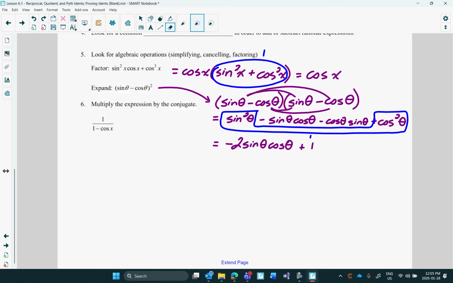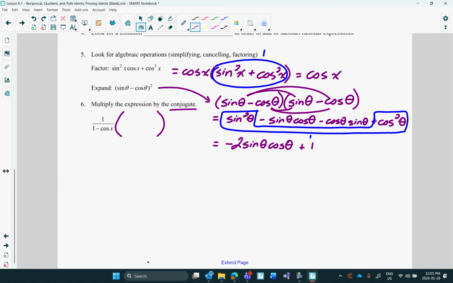Because it's not squared. It has to be squared, right? So I can't do that. But there is a way. There is something I can multiply by, and the result will be something I can simplify. And that's called the conjugate. Do you remember what that is? We learned that last year.